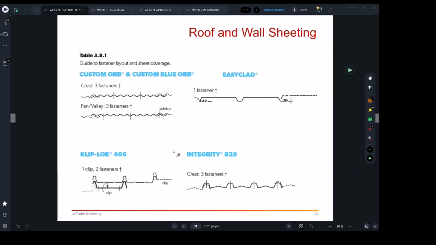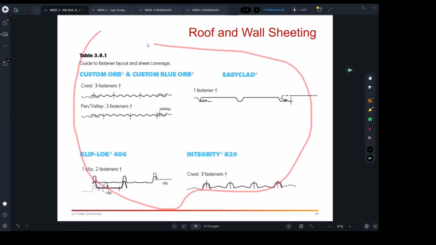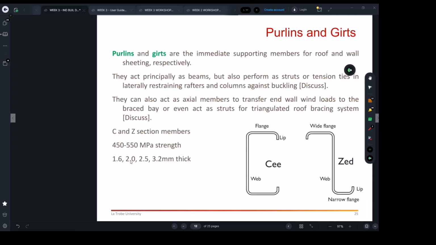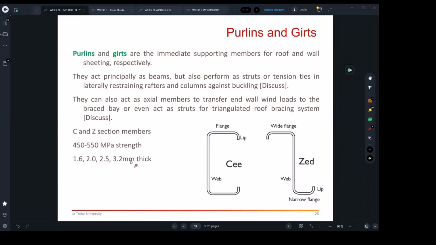You have to build it, screw it, and do all the requirements in line with the product's specifications. The architect will say, use Clip Lock 406, all installation to be in accordance with manufacturer specifications. That's it. So you just need to know that putting those sheets, they need to be quality controlled. That was about the sheeting.